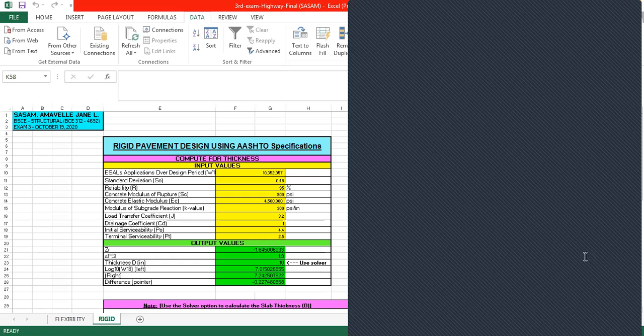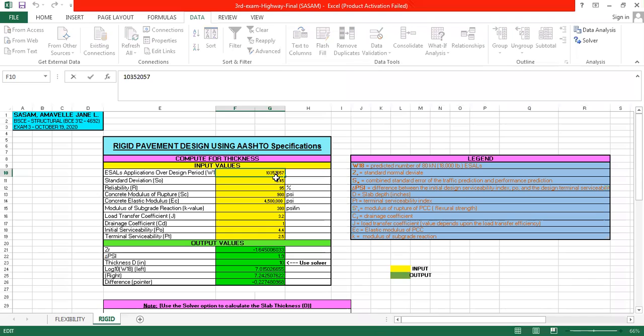I mean from this one, from the given values provided here. Then we need to multiply it by 365 days times 20 because it is said that it should be 20 years. Then it would be a total of 10,579.